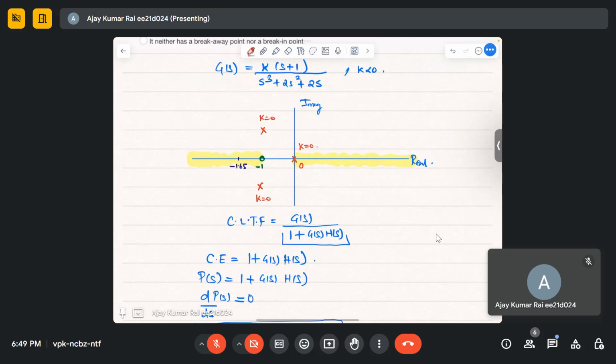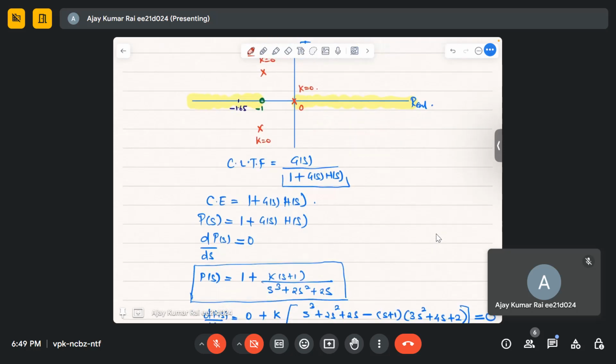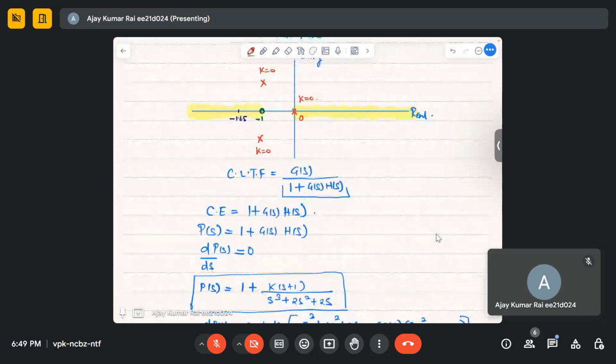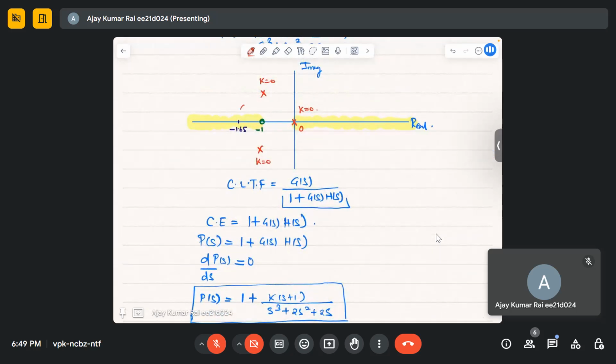The point where they converge is the break-in point, because two root locus will be coming like this.